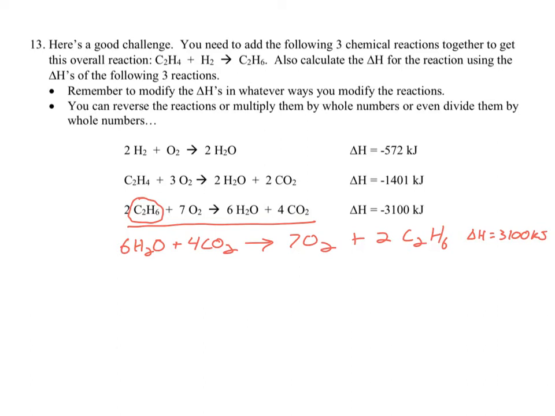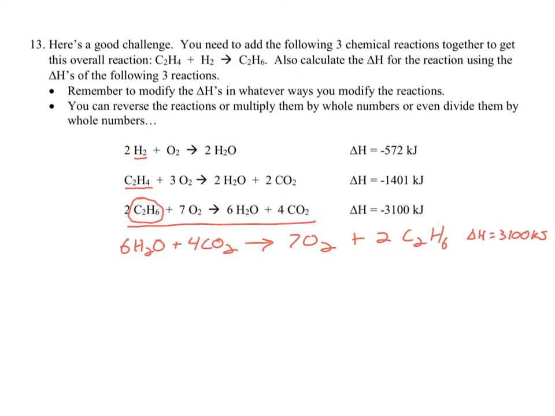Now that I have the C2H6 as a product, that's a good first step. Now I'm going to evaluate the reactions that are here to see if there's anything else that might be helpful. The second thing I see is the C2H4 listed as a reactant in my second reaction. That's good. That's what I want. And I see the H2 listed as a reactant in my first reaction, but the coefficient is a 2 instead of a 1.